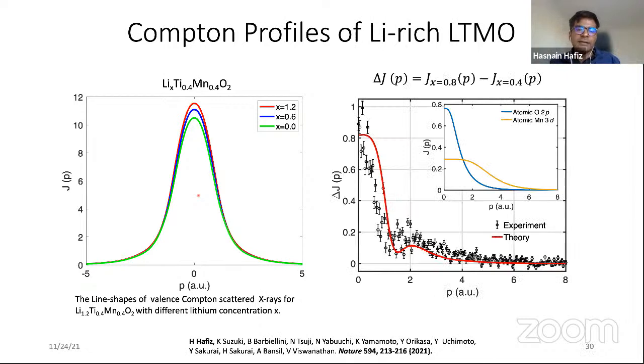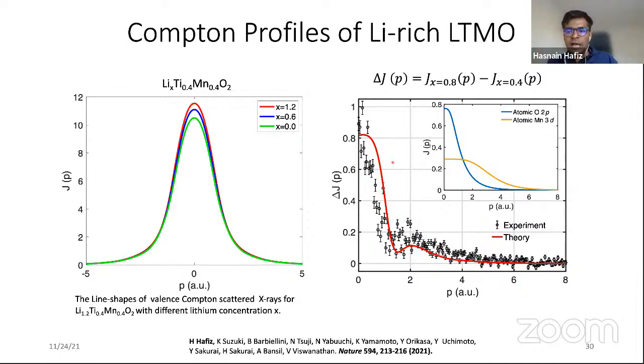For example, here we take 0.8 and 0.4, and we just take their differences, and this is how we can focus very close to the Fermi level, because now all the contributions from the deep valence bands or the core are cancelled out, which are not useful in this case, because it is only the electronic states near the Fermi level that participate.